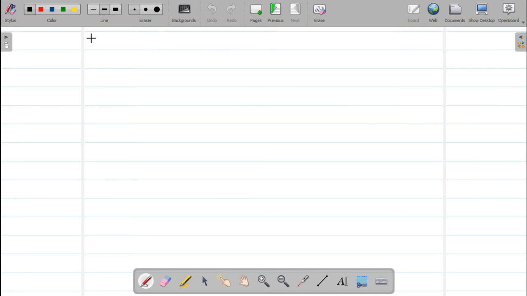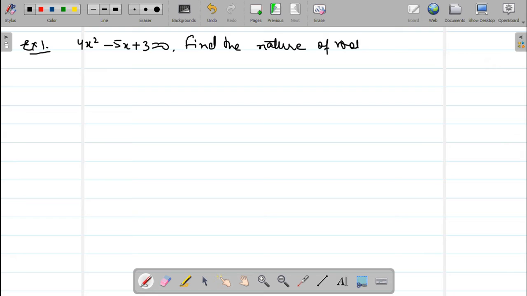So let's do a few questions here. The first example can be, find the nature of roots for 4x square minus 5x plus 3 equal to 0. We already have a formula, and for nature of roots you need only D. So I'll just find out D. D is b square minus 4ac.